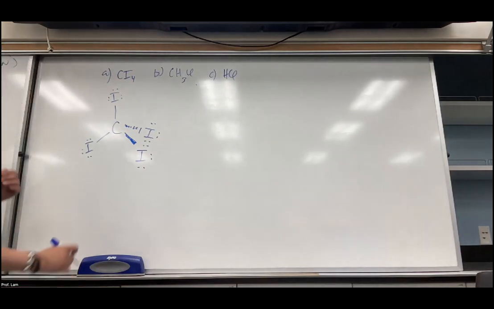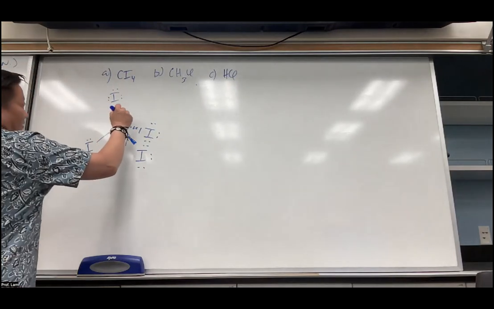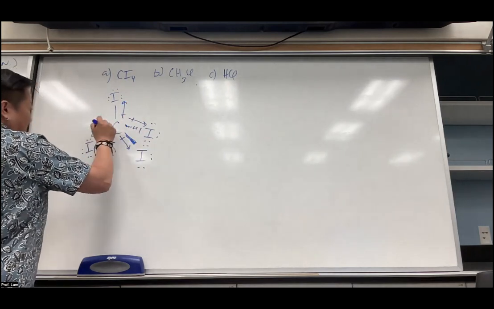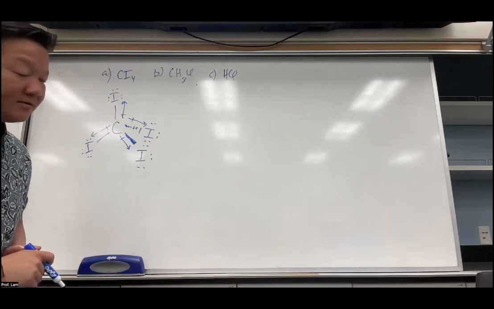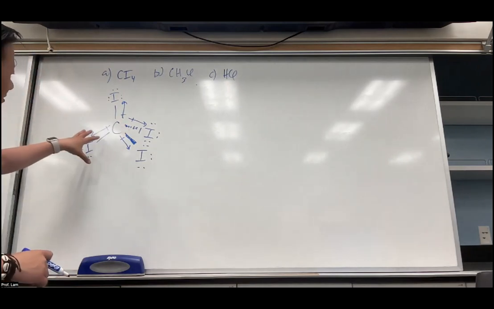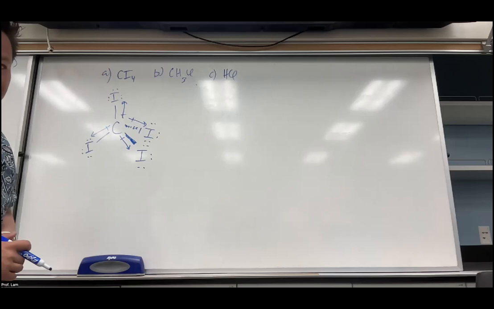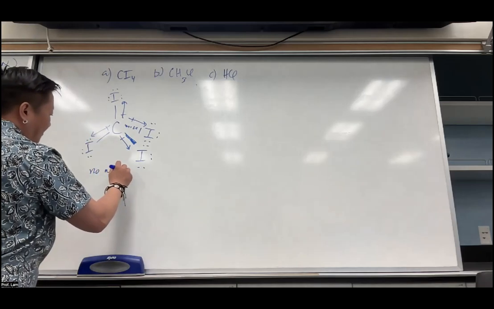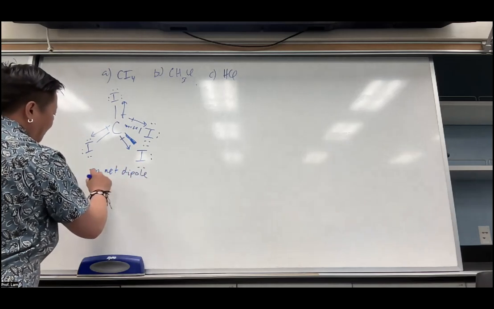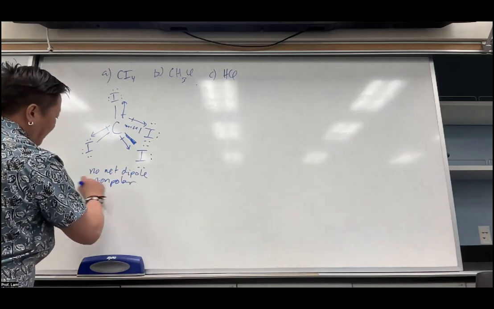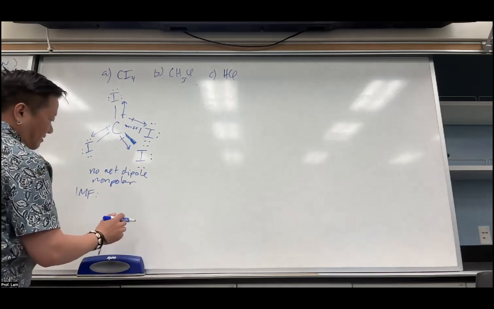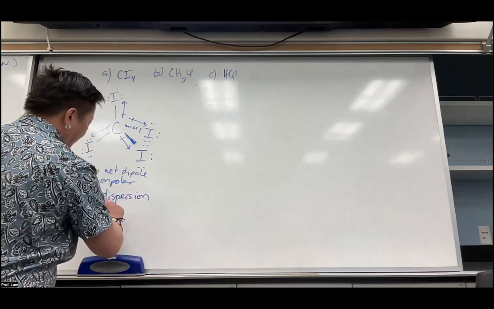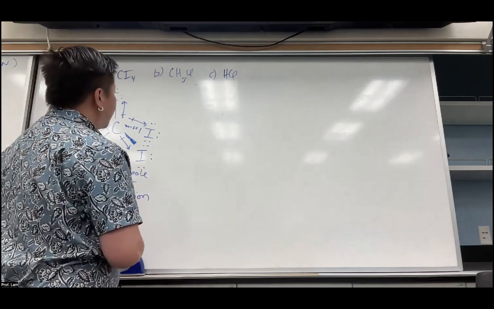So all arrows are gonna point towards the I, as I is more electronegative than carbon. But it's very symmetrical, and so all the arrows basically cancel. So you have no net dipole. You would conclude nonpolar as your molecule. And what's the IMF present for nonpolar? Dispersion. Right? But that's not it.